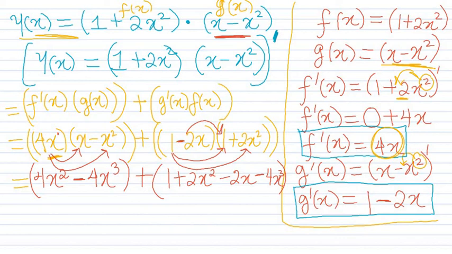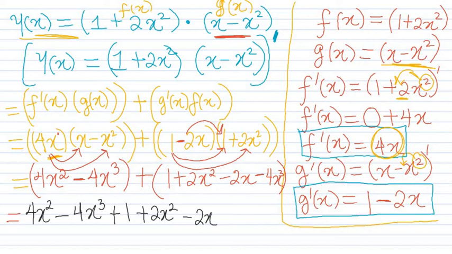So basically what we have now is that we're just going to add them together. Let me use a different color, maybe black. So we end up with 4x squared minus, now we can ignore the brackets, minus 4x cubed plus 1 plus 2x squared minus 2x minus 4x cubed.